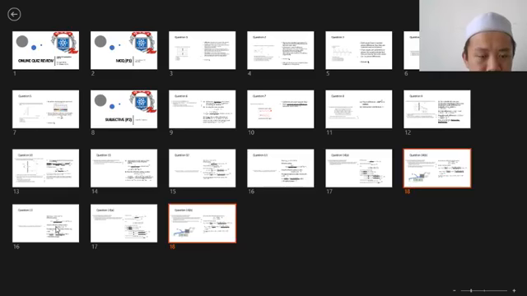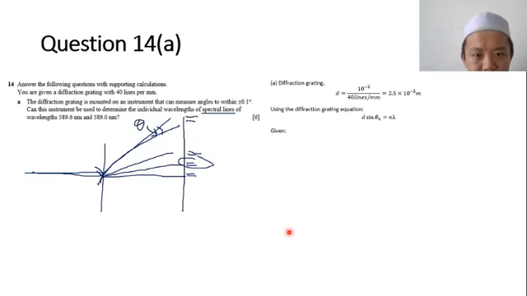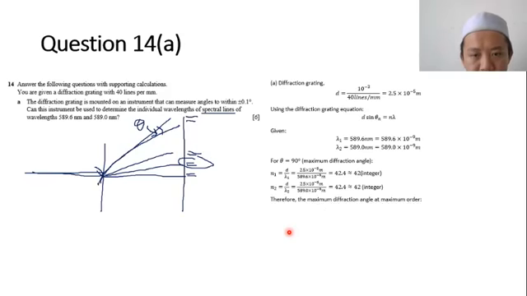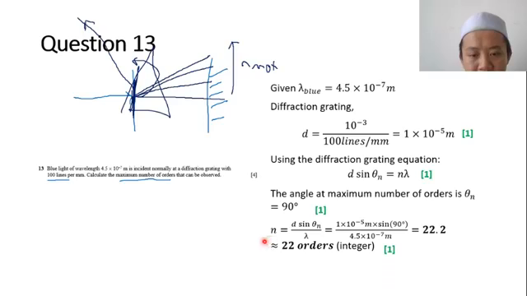If you look back, these questions are confusing. For example, we set the angle at 90 degrees and then we find the order. But if we plug in n equals 22 into the equation and try to get the value of theta, what theta do you get?